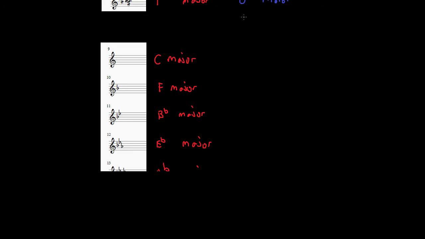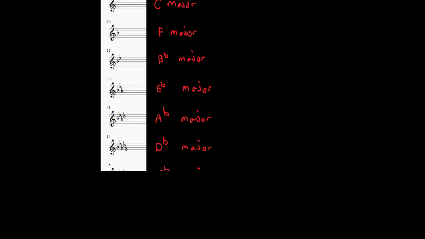So F major, if we were to write out the notes of it, I'll do it over here just so that you can see it and I don't have to keep scrolling up. F major, you've got the notes F, G, A. Now we would normally have B here, but as you can see in F major, the B note, that middle line B, has a flat symbol on it.